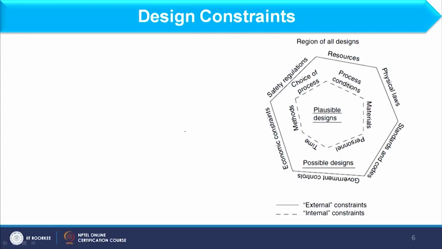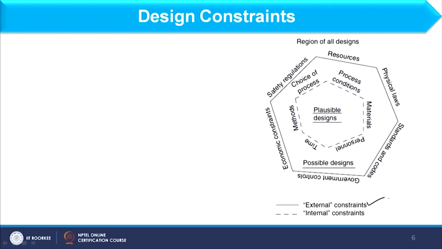Once I have the objective, I decide the sub objectives, and then I carry out the overall process design. As I have told you, it is entirely in the hands of the designer to decide what process to consider to make the product. It means there are different constraints. So, some design constraints I am discussing over here.